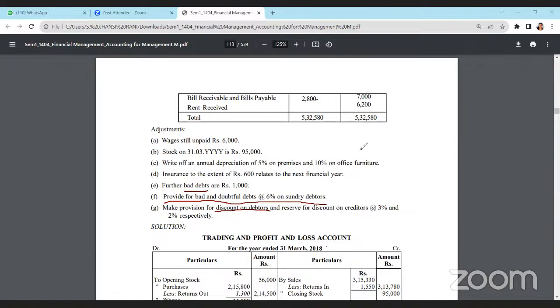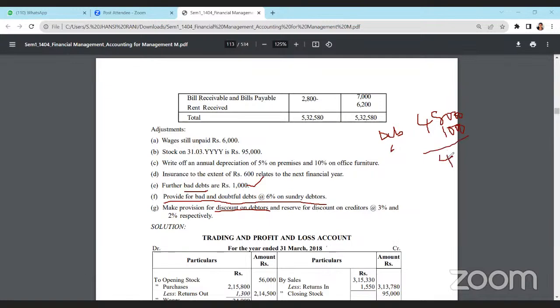Whenever the debtors amount is there, first we will adjust the bad debts amount. We will deduct. So it was 48,000 minus 1,000, the balance is 47,000.